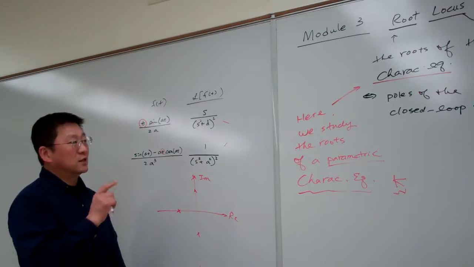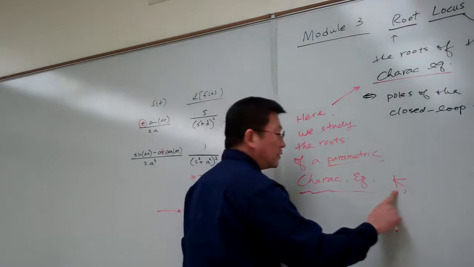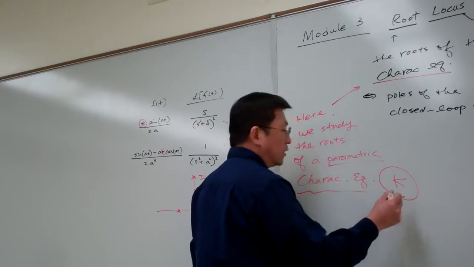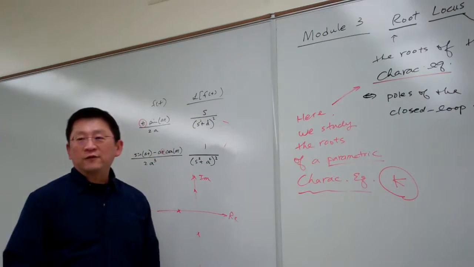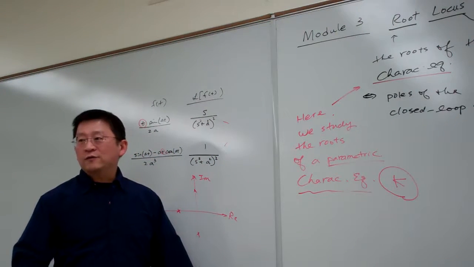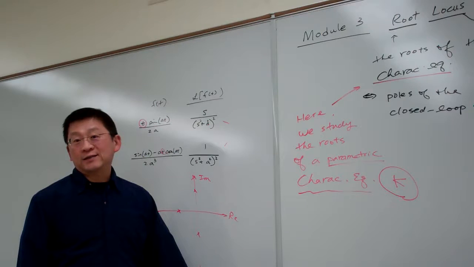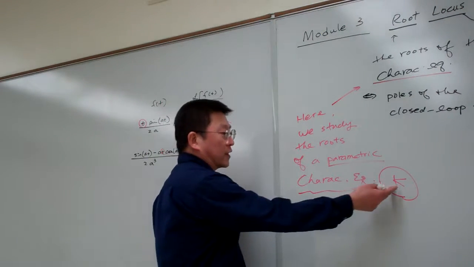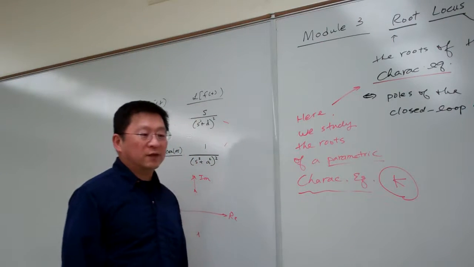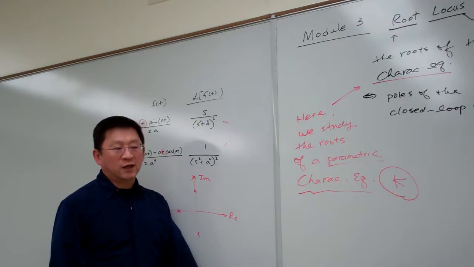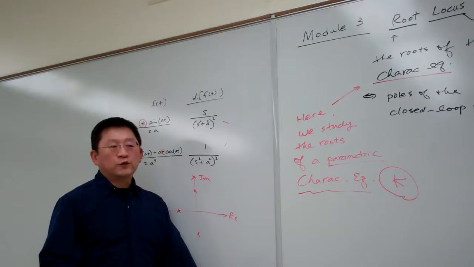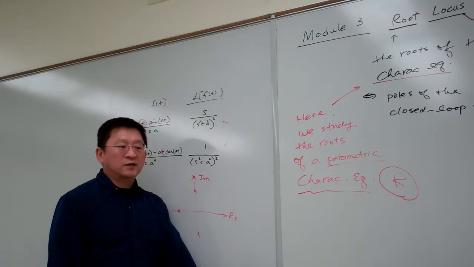So in this module, our focus will be on varying the value of k to find the corresponding roots. That's it. The value of k can be changed, and there are so many options for the value of k. If we do it the intuitive way, that is not so systematic, not so scientific.